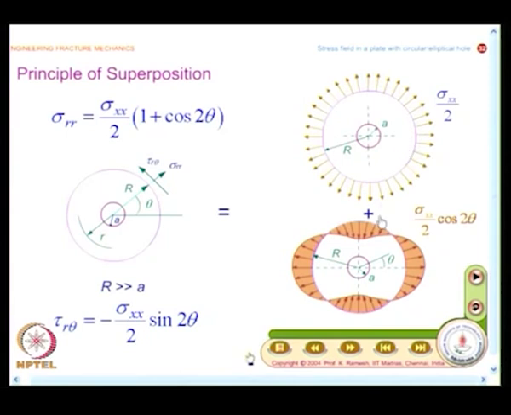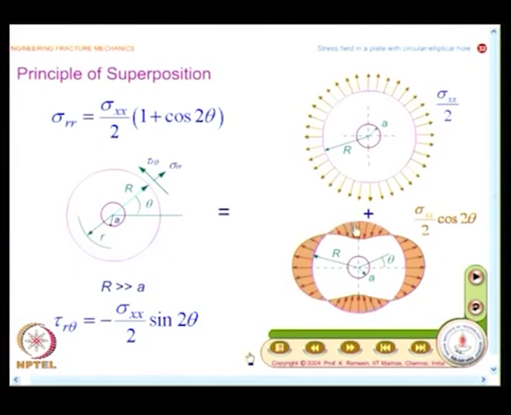And you have another problem. I have shown only one loading, the loading of sigma XX by 2 into cos 2 theta; make a sketch of it. The pictorial sketch is very interesting; you may not find it in many books. In addition to this, you also have the shear stress tau R theta, which we will also show.